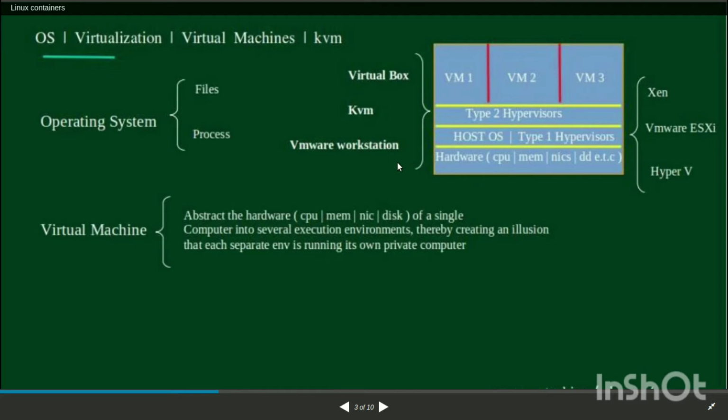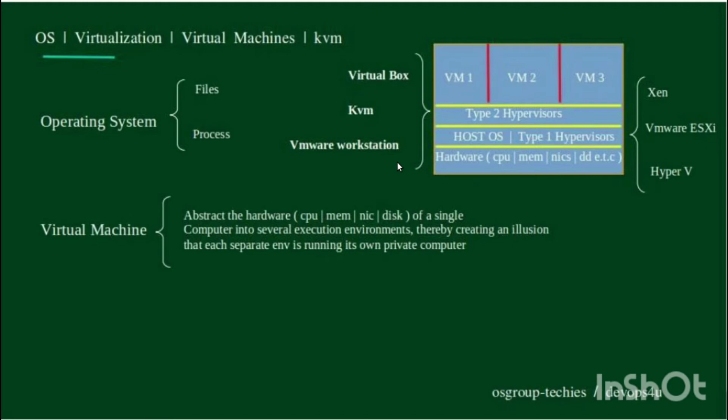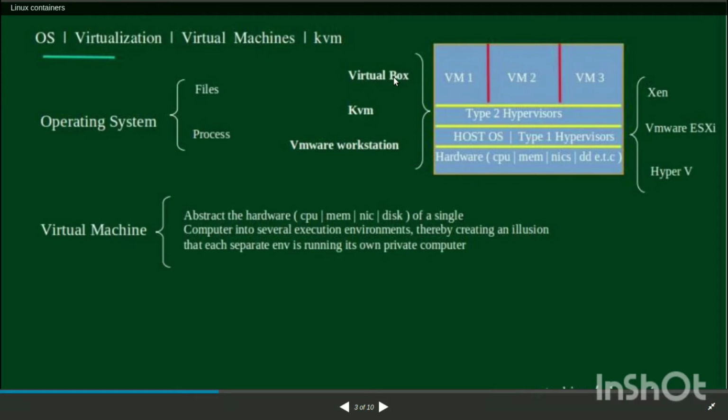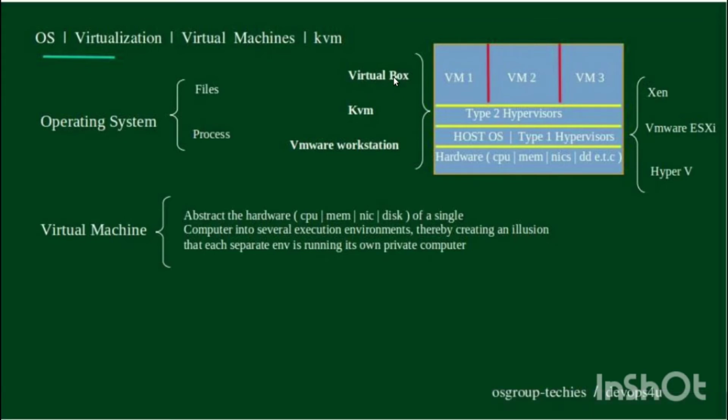For example, you have a laptop, on top of that you have some operating system, let's say Ubuntu or Windows, and on top of that you have one of these, and then on top of that you can have your own set of virtual machines. Maybe one has a Windows operating system, another has any Linux operating system. The feasibility it gives is that if you have applications specific to a particular version of a particular operating system, this is how you can get the advantage, and virtualization will help you in that case.